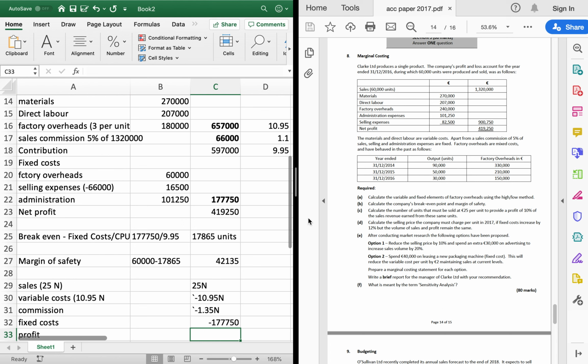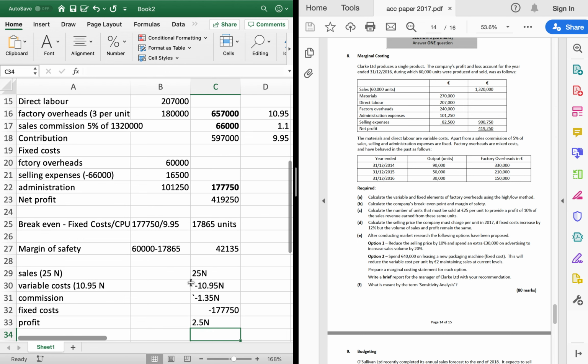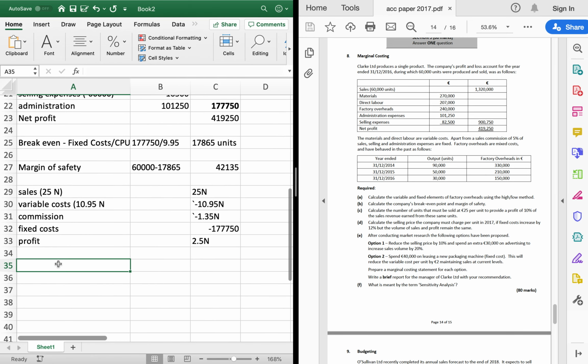And the profit, calculate to make a profit of 10% of sales from the same unit. So sales is 25N, so 10% of that is 2.5N. So then it's 25N minus 10.95N minus 1.35N minus 177,750 equals 2.5N.